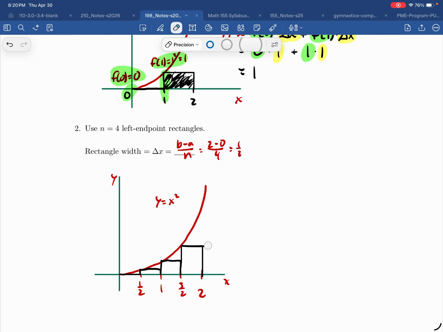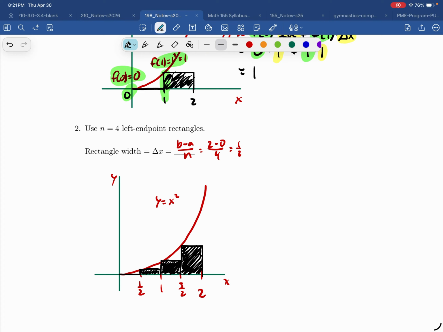Okay. So is this a perfect approximation? Well, still no. Still an underestimate, and still kind of a notable underestimate. In particular, look at all that area that's not being covered by that last rectangle. It's just not high enough. That's what happens with left endpoints. That said, I think we can agree it was a better approximation than before.